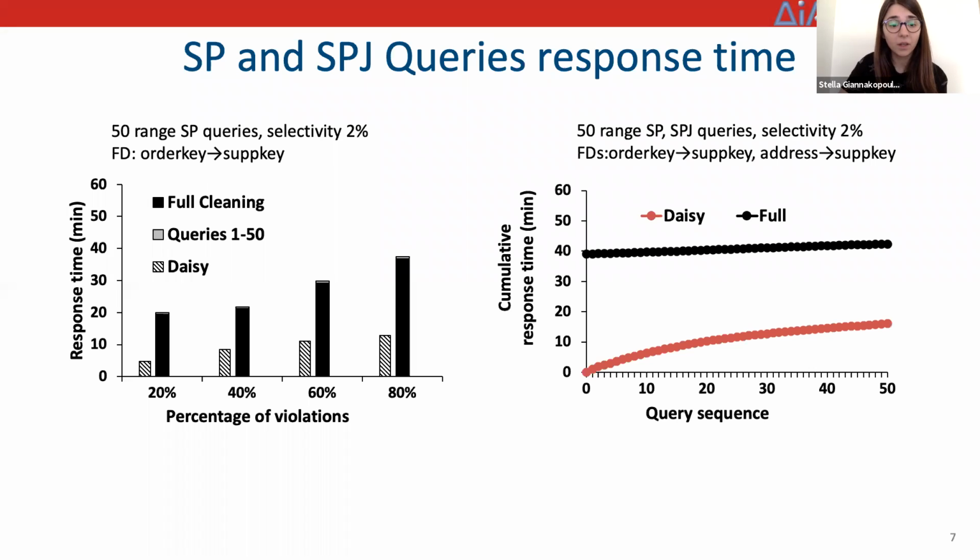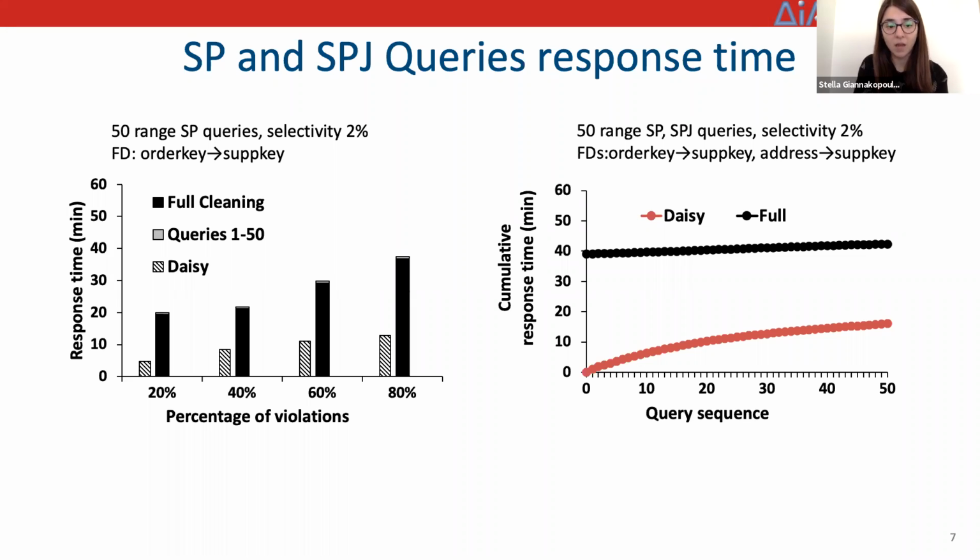So in this case, we also evaluate a mixed workload, which involves select project and select project join queries. Again, we have the same setup where we have 50 range queries with the same selectivity, and they access the whole dataset.